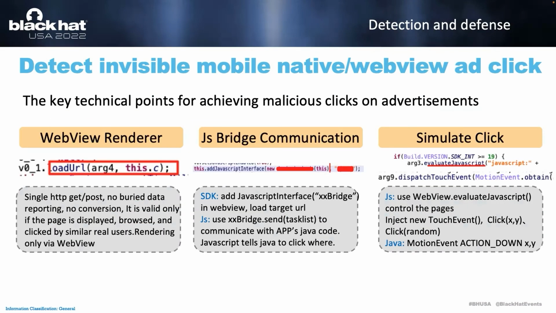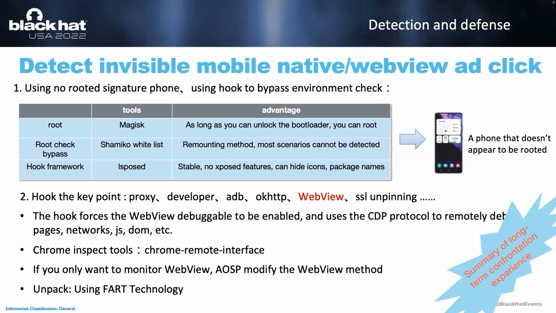This type of malware displays the advertisement through a customized web view and uses a JS bridge on the Java side to cooperate with the code on the JS side. This JS code knows the position of the AD slot, and then the Java code uses this position to simulate user behaviors, such as performing a click on the AD slot.